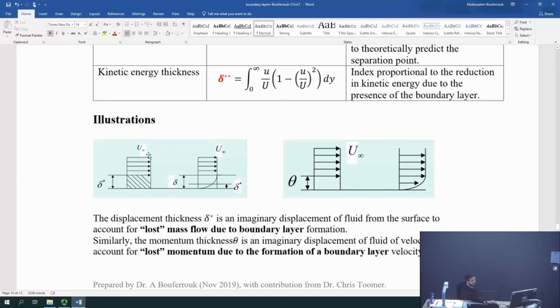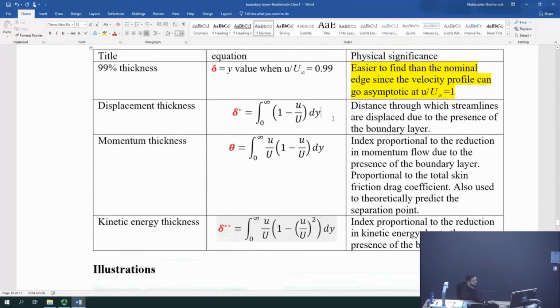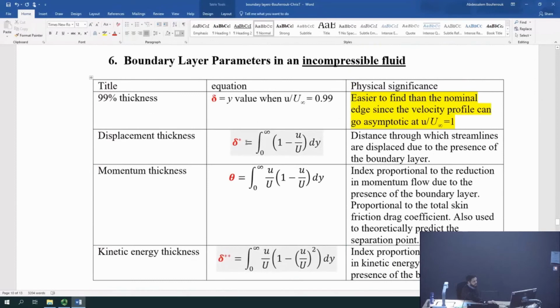So this is the concept of displacement thickness. It's basically how much the streamlines would have been displaced if the flow was inviscid due to the presence of the boundary layer. So this is one way of thinking about it. The displacement thickness is defined as delta star.